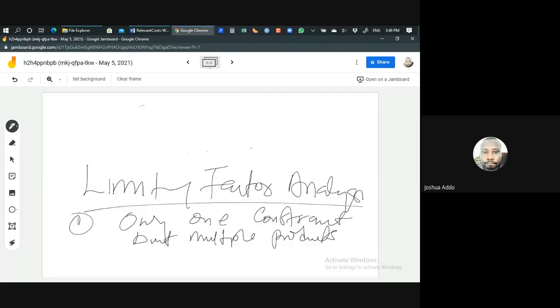Today, our focus is on limiting factor analysis where only one constraint exists, but we have multiple products. Let me give an overview of the decision framework, but I think a question will help us understand it better. So you just listen to the general explanation of the decision framework.